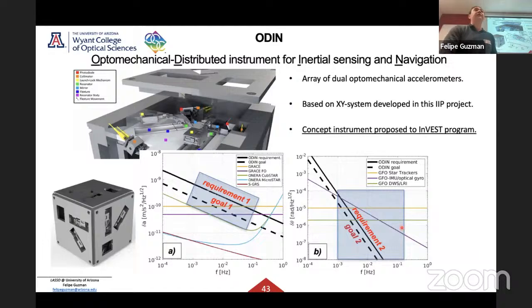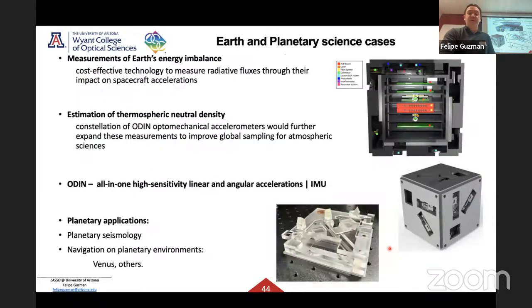The fiber gyros measure angular velocity, so they only do one integration. But because these accelerometers are so sensitive, you can achieve orders of magnitude better sensitivity than the fiber gyros above a millihertz, which for many navigation purposes is sufficient. So that was very interesting to us.